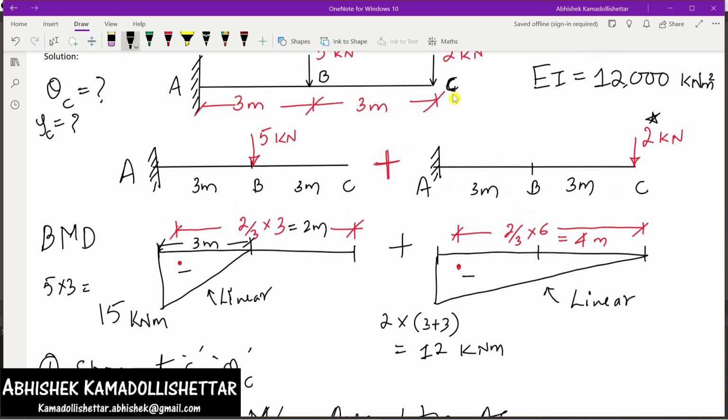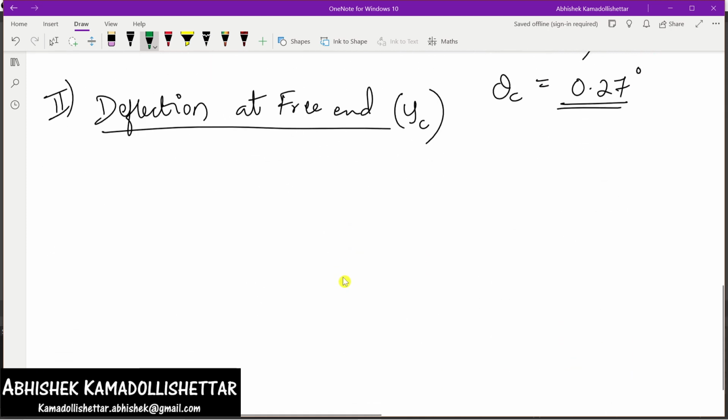Actually what will happen, this beam will try to bend in this way, so the deflection will be YC and this will be theta C, the slope.